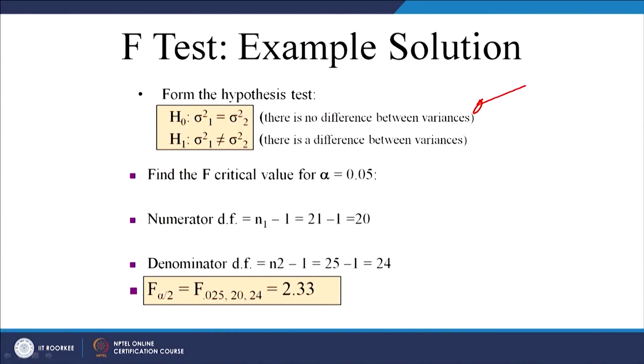This is your null hypothesis that there is no difference, and the alternative that there is a difference. So, it is a case of a two-tailed test at significance level 0.05. So, at the numerator degrees of freedom and the denominator's degrees of freedom, we need to look at the F value from the table, right.